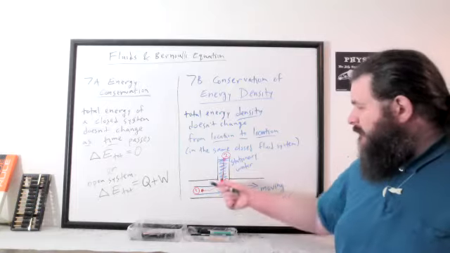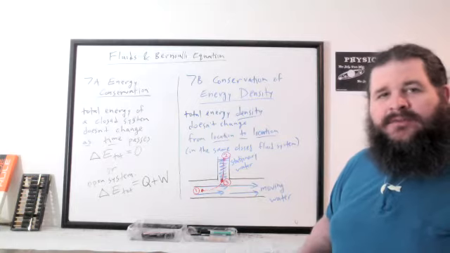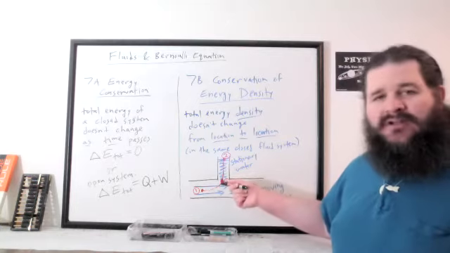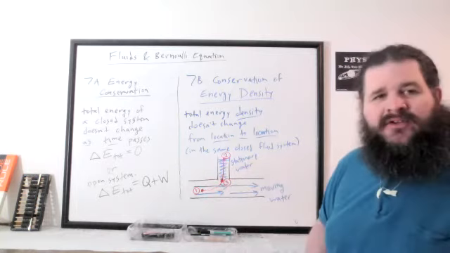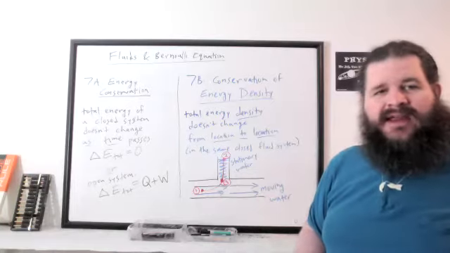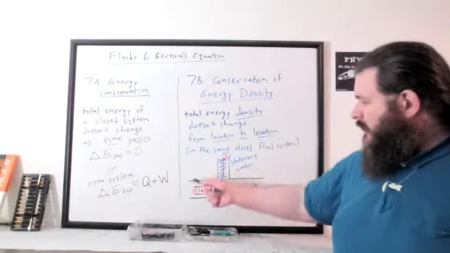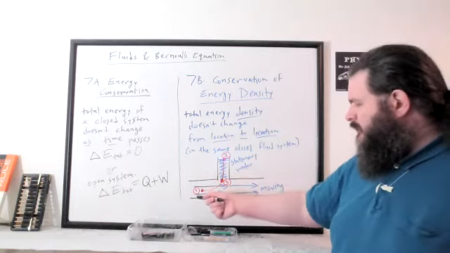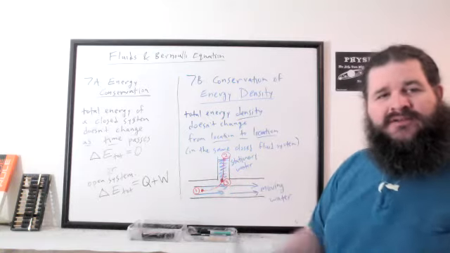Anytime you're comparing two locations that aren't part of the same fluid system, it's useful to put in extra labeled locations at border zones. Anytime you've got an interface, a surface where two fluid systems come together, just mark and label a new location at that border between them. And then you can compare a point in one fluid system to the point on the edge, and the point on the edge to the point in the other fluid system.